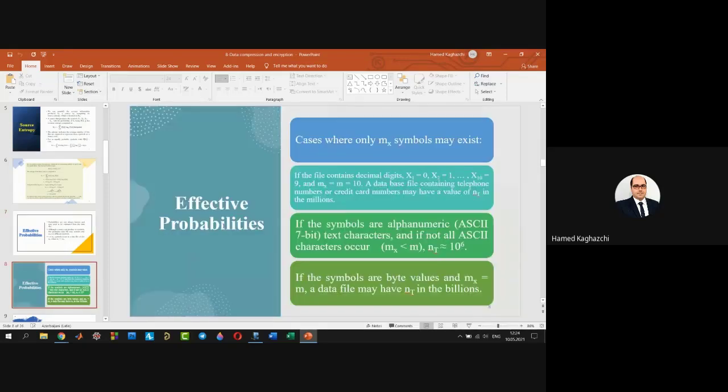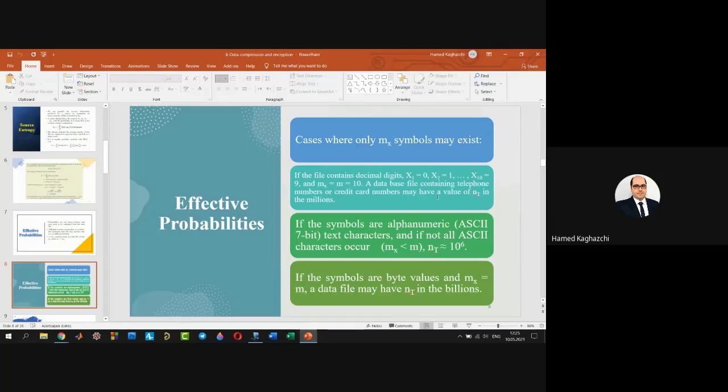Now, if the file contains decimal digits, suppose that my data file contains 0, 1, 2, 3 up to 9. It means that mx is equal to 10.